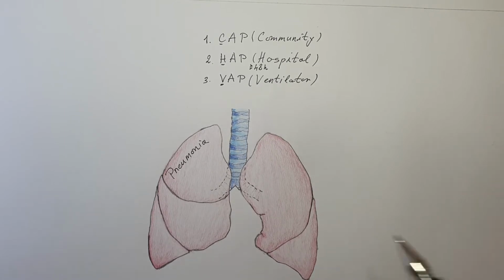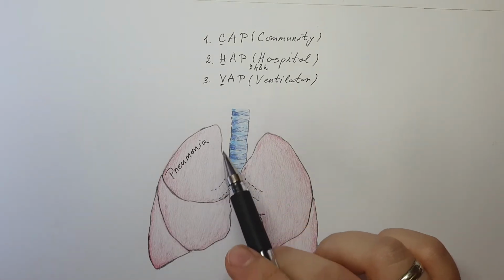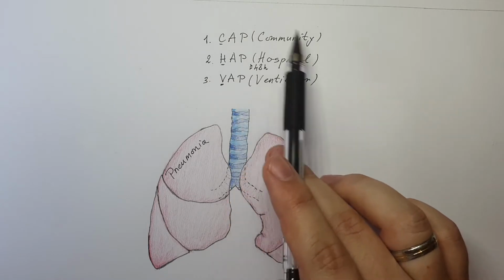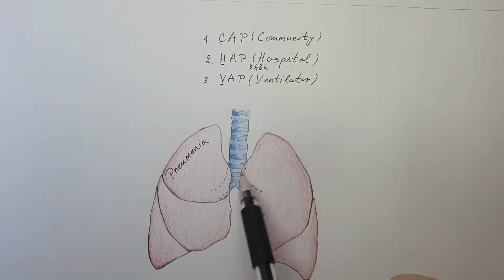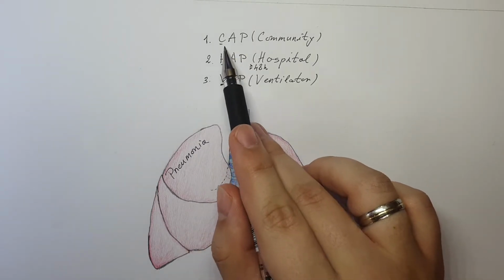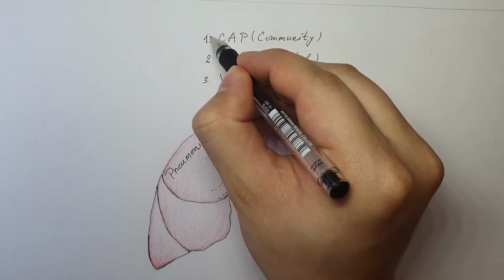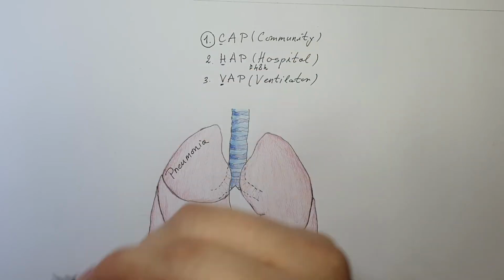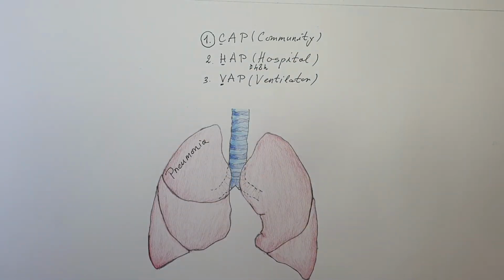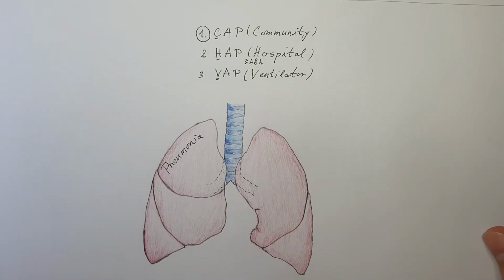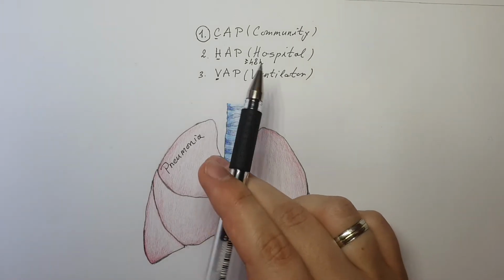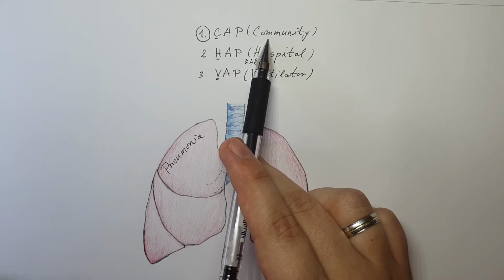The important and significant element of this classification is that community-acquired pneumonias actually happen most of the time with pathogens that are not resistant to antibiotics. So these are simple pneumonias most of the time.